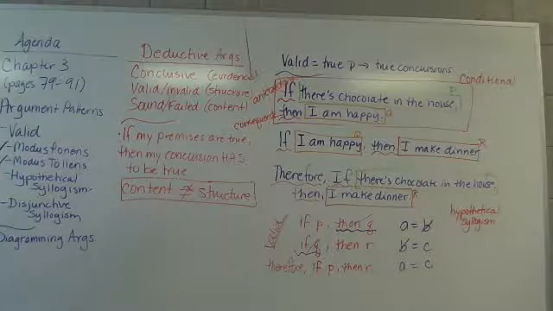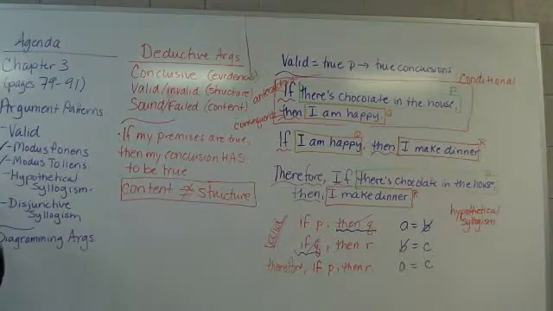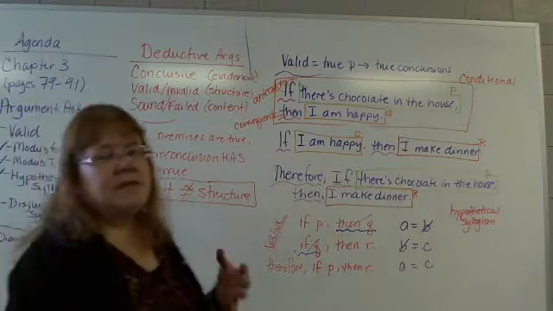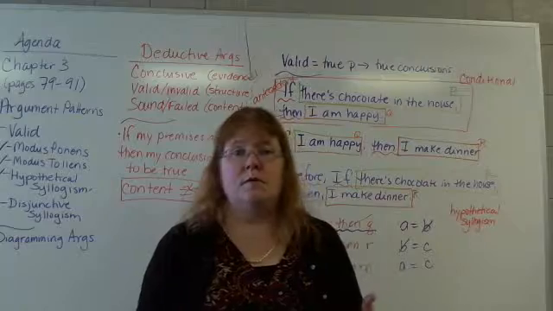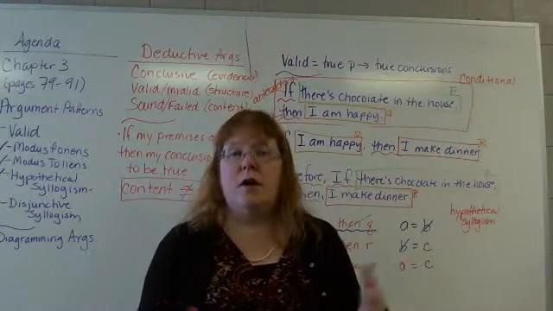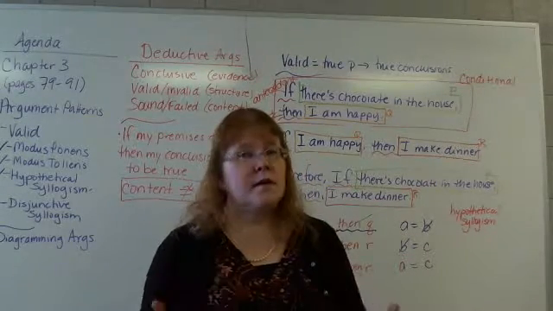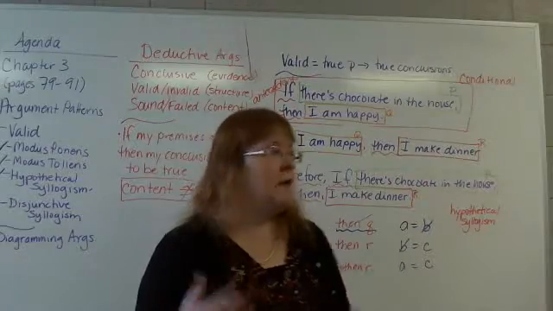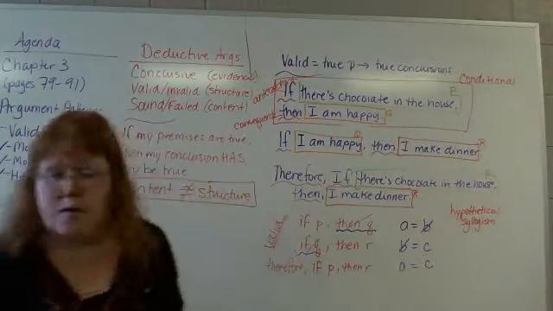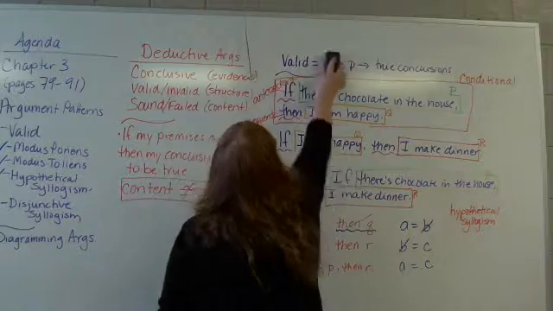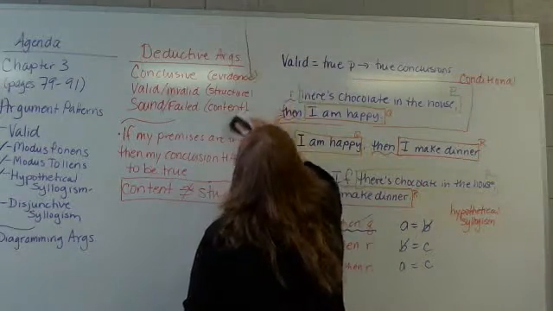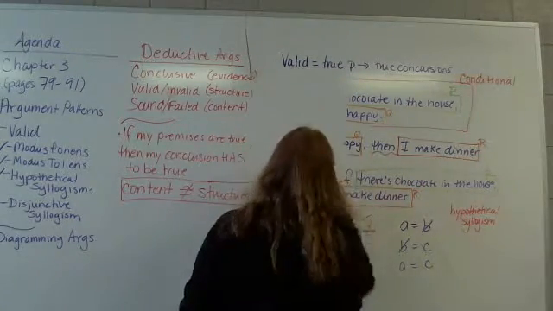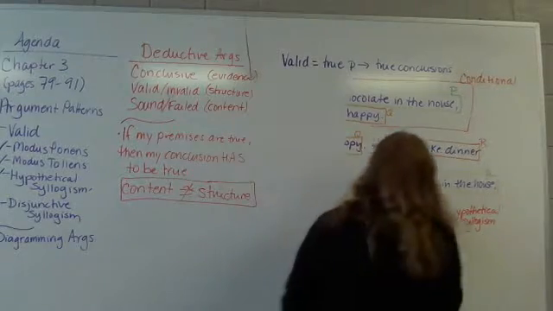Now, the last one that we're going to look at, as far as structures go, is a disjunctive syllogism. A disjunctive is basically a sentence that uses or. In this case, either or, you have to make a choice. Only one can be there at a time. I'm going to get rid of all of this because we get choices.